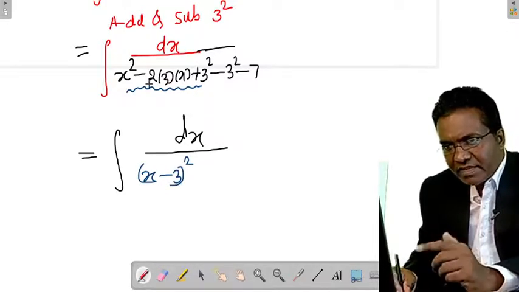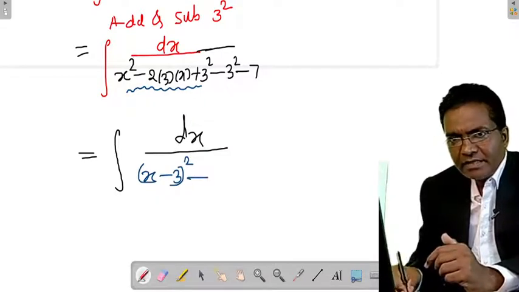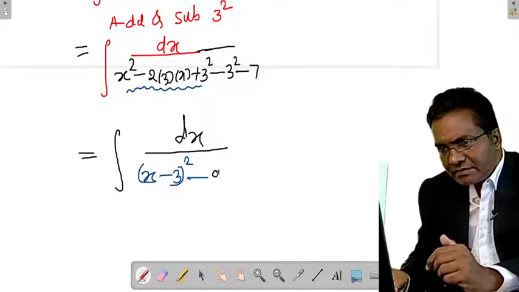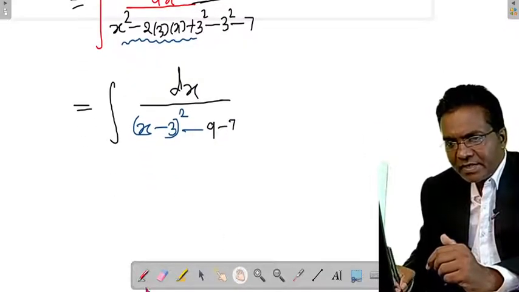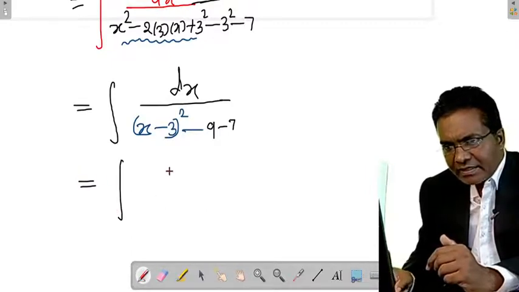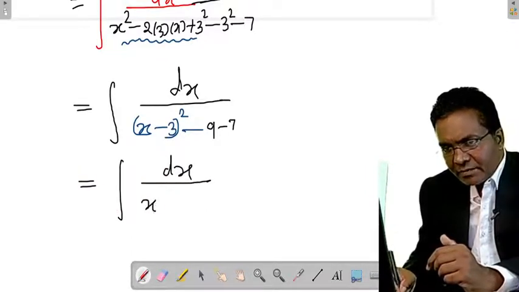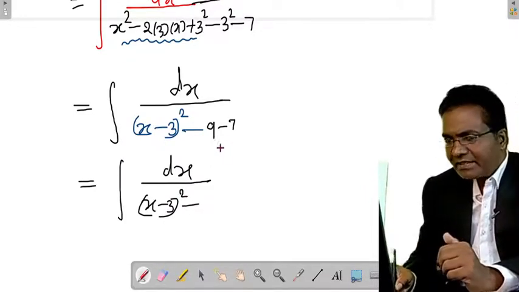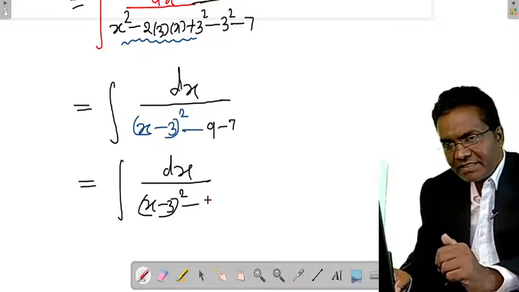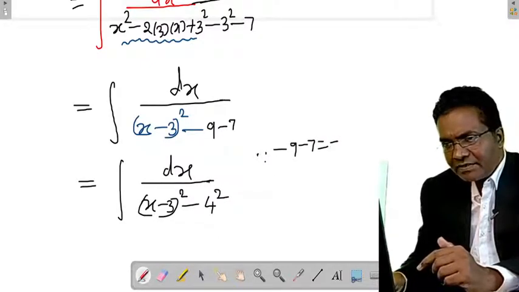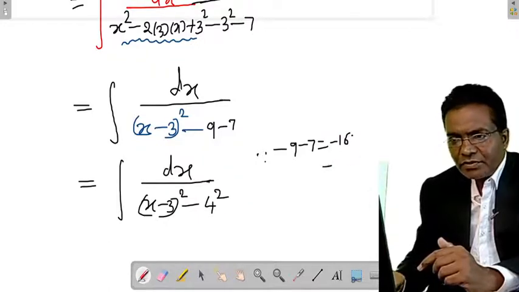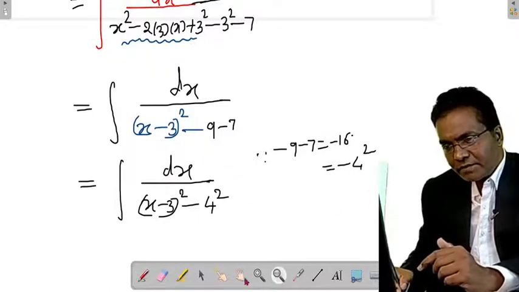If we expand this you will get this, and here it is minus 9 and minus 7. 3 square is 9. And this you will get: dx by x minus 3 whole square minus 9 minus 7 is minus 16, and minus 16 I will write as minus 4 square. Remember this, because minus 9 minus 7 equals minus 16, which is your minus 4 square.